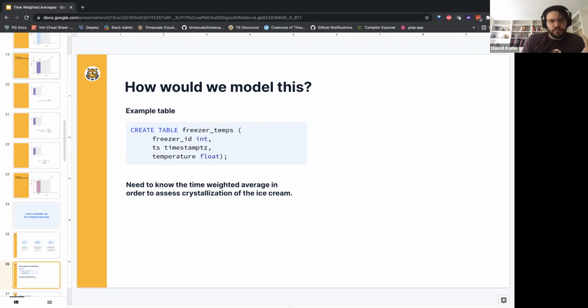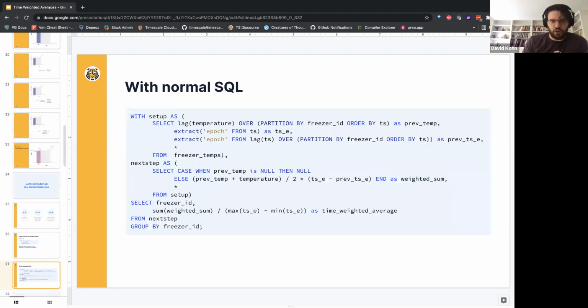Okay, so how do we write this time-weighted average that we just derived in pure SQL? With normal SQL, we're going to have to do something pretty complex. We're going to use a couple of window functions to basically try to get the overall time period as well as the previous temperature at each point. We're going to take the average of them.